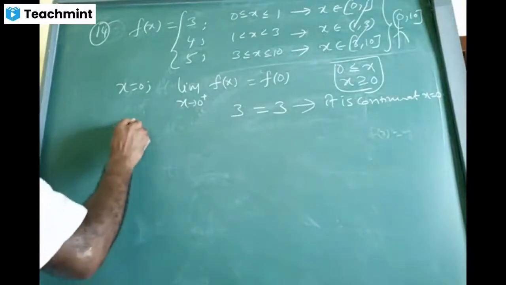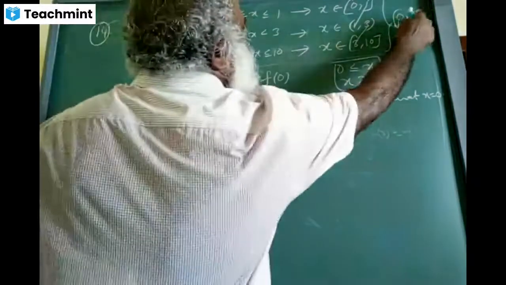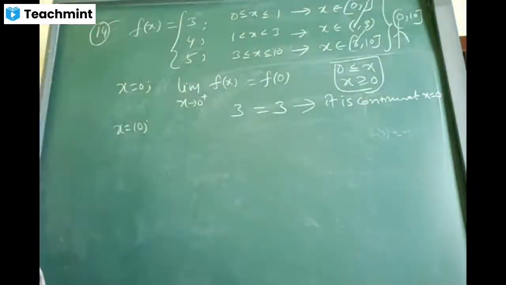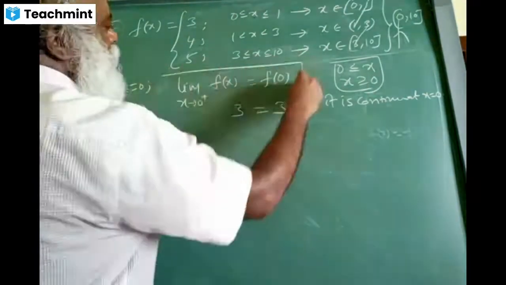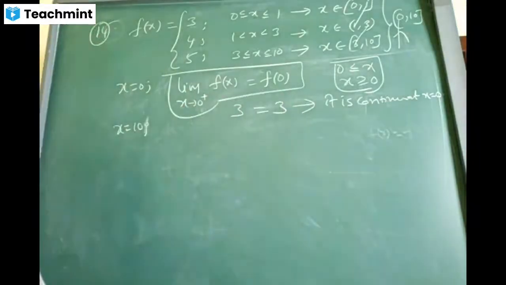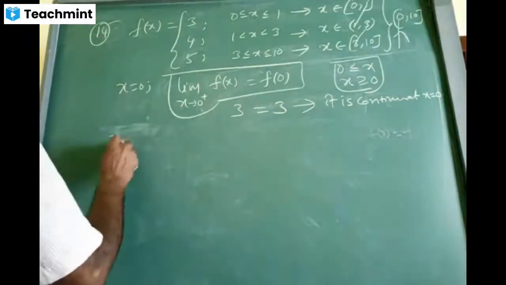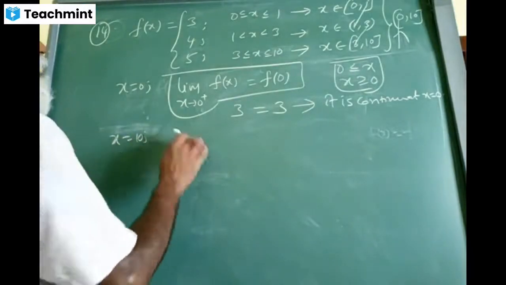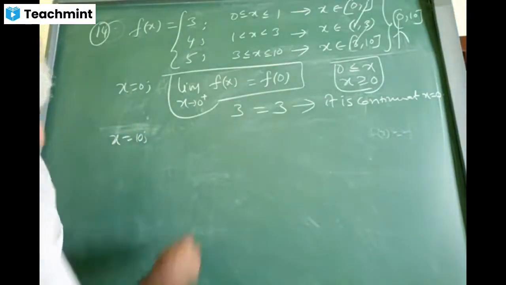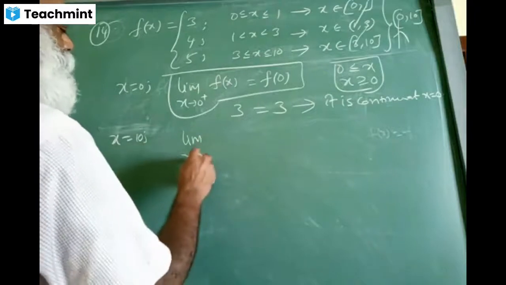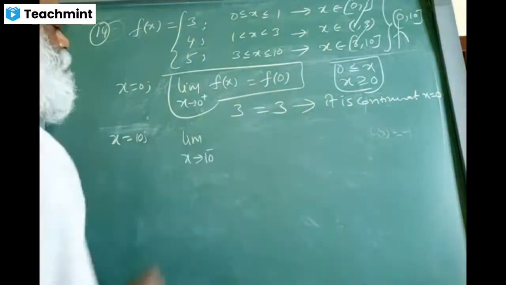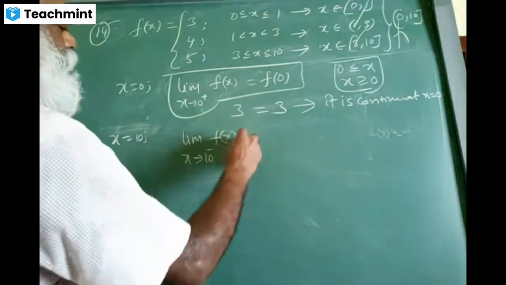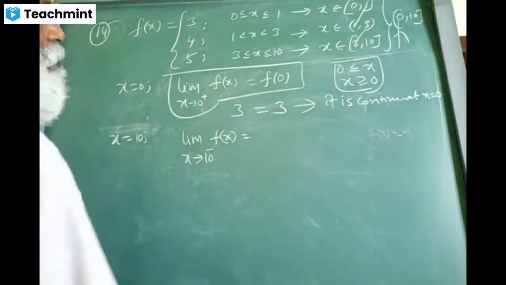Next, at x equal to 10. 10 is also included at the extreme end. Tell me the continuity definition, please. The continuity formula here at x equal to 10: limit x tends to 10 minus f of x equals f of 10.